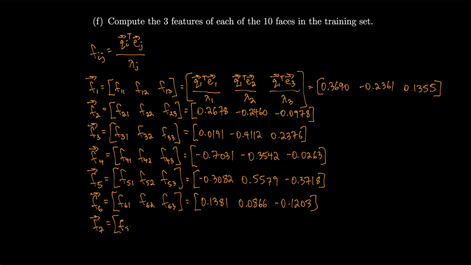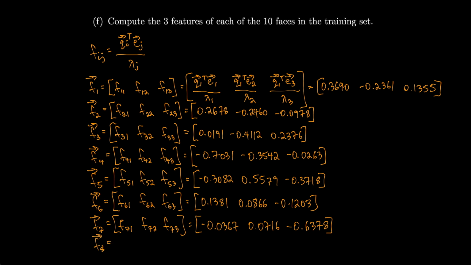Then we have F71, F72, F73, and that'll be negative 0.0367, 0.0716, negative 0.6378.